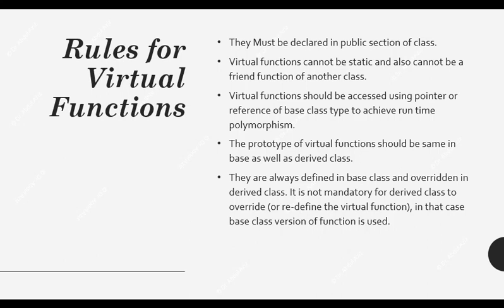First, they must be declared in the base class, and they are defined in the derived class. The declaration must be public so that it can be easily inherited by the derived class. Secondly, it is mandatory for the derived class to override all the virtual functions which are declared in the parent class. And because we are redefining it, we should use the same signature or prototype for the functions.